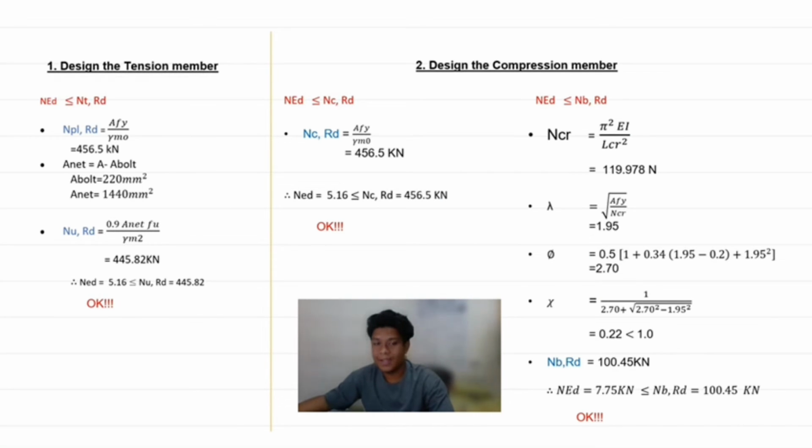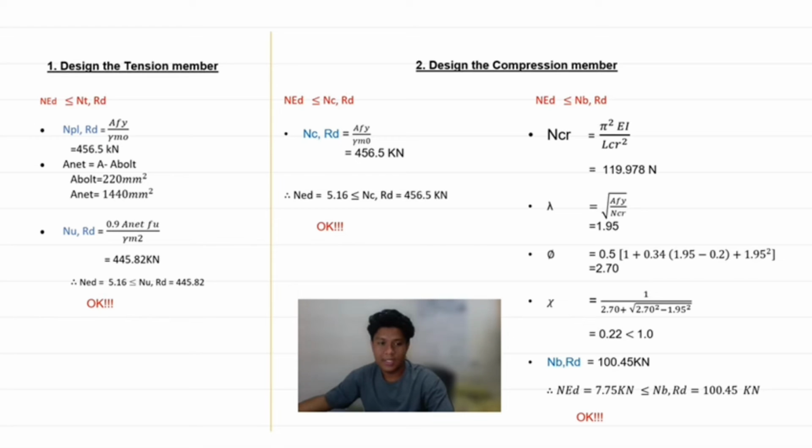First, we check the design of the tension member. NED is smaller than NTRD, and NPLRD is equal to 456.5 kN. ANET equals A minus AO. AO is 220 mm square, and ANET is 1440 mm square. For NURD it is 445.82 kN.